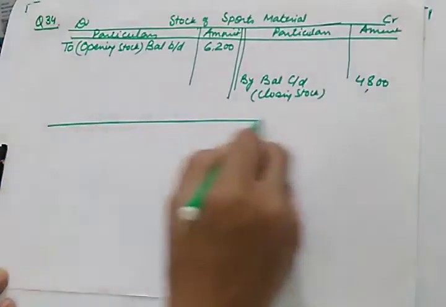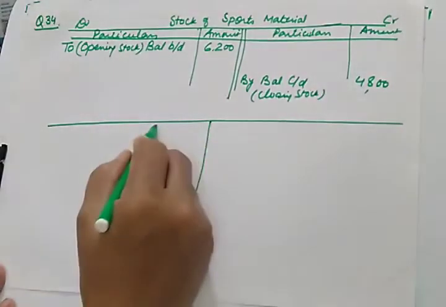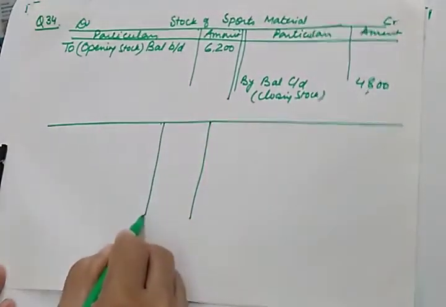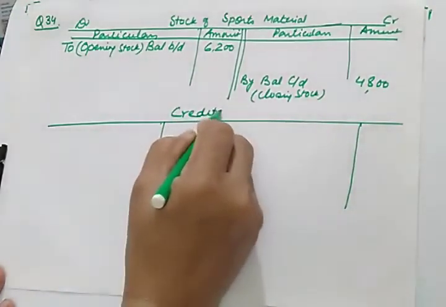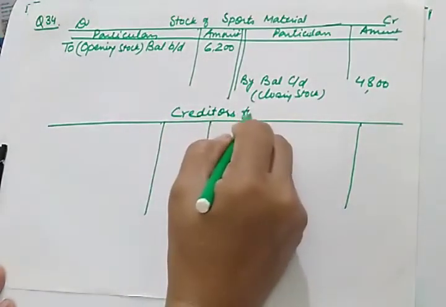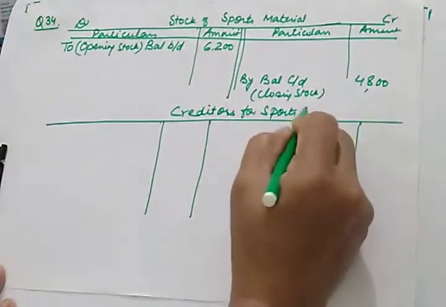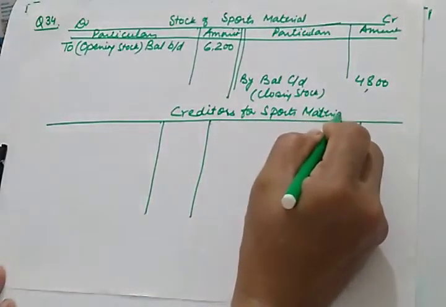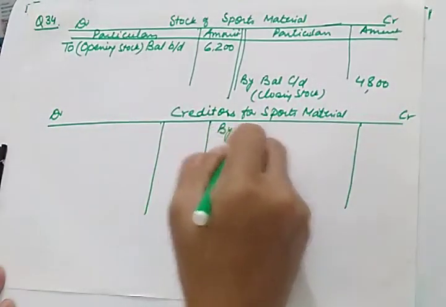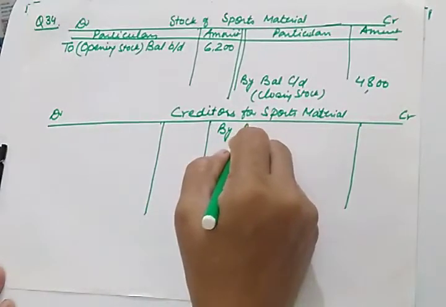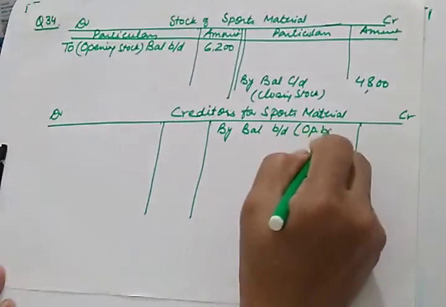So let us make creditors account first. Creditors for sports material account. So opening balance of creditors, you know that we have to record opening balance on the credit side by balance brought down, opening balance of creditors.